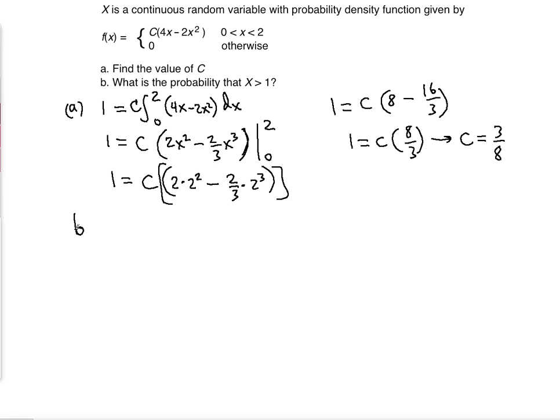So now that you found your c, it's going to be easy to find the probability that x, the random variable, is greater than 1. So the probability of the random variable exceeding 1 is going to be the probability that x is greater than or equal to 1.